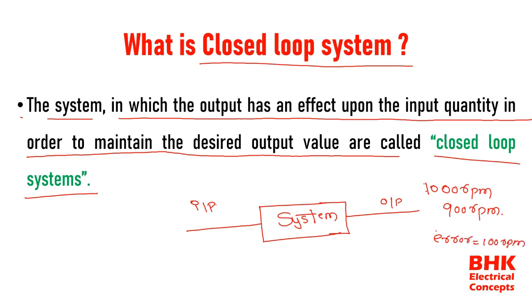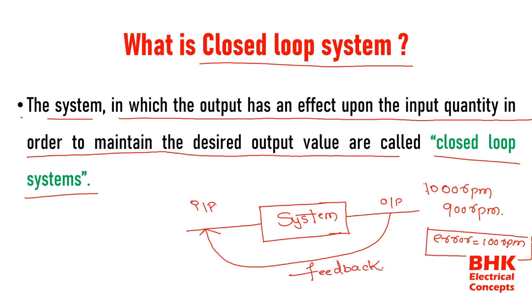In order to reduce this error, we require some concept. That concept we call feedback. So this particular path we call feedback. Instead of 1000 we are getting 900. This 900 rpm is sent back to the input, compared with the input, and we get an error signal.